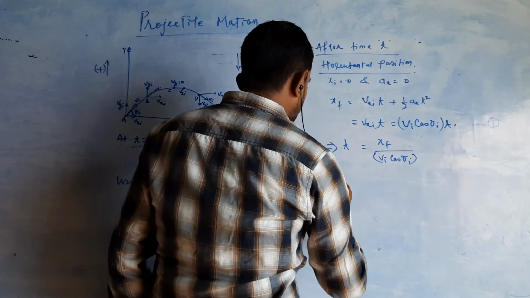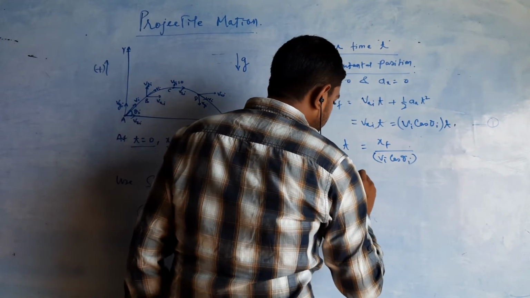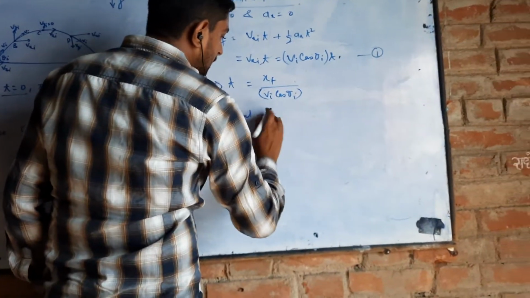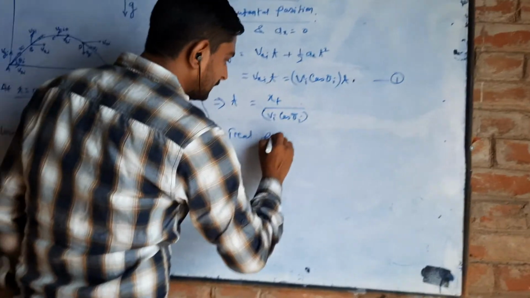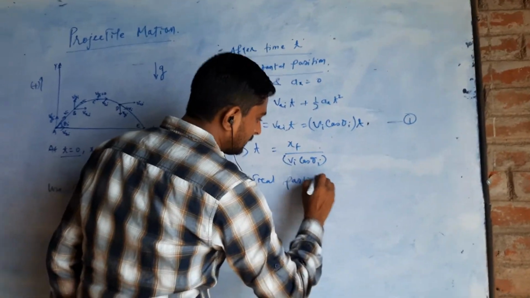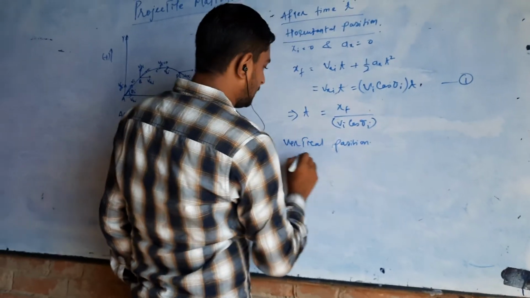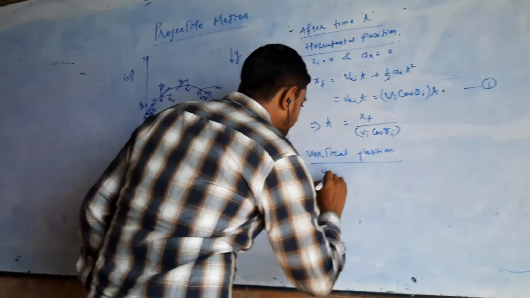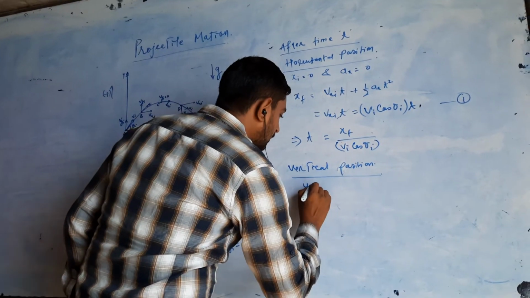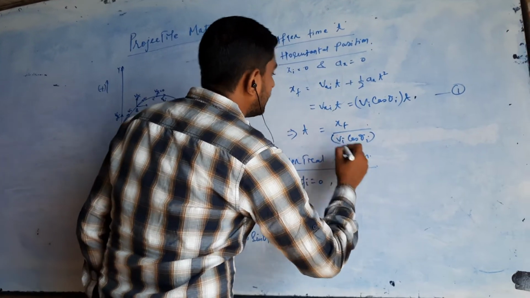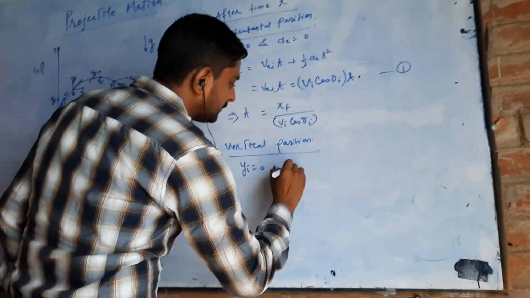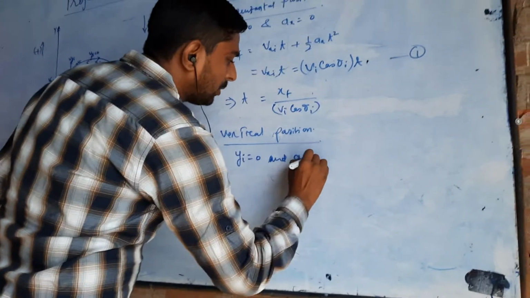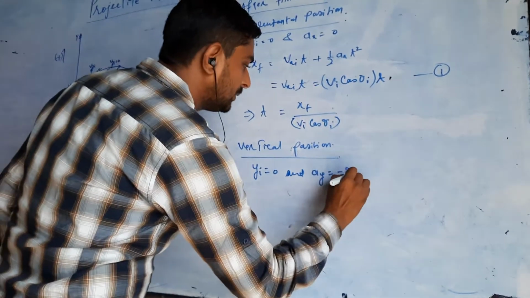Now in the vertical direction, the vertical position after time t: the initial vertical position yi is 0, and the acceleration in the y direction is minus g.